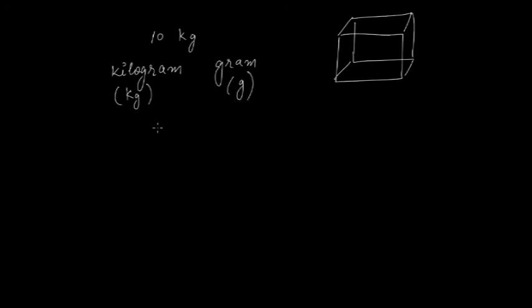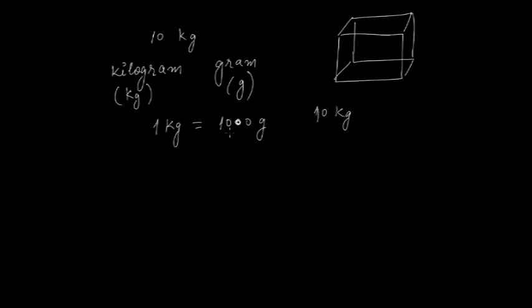And 1 kilogram is equal to 1000 gram. This is very important. You have to keep this in mind. So if the weight of this box was 10 kg, what would be the weight in terms of gram?